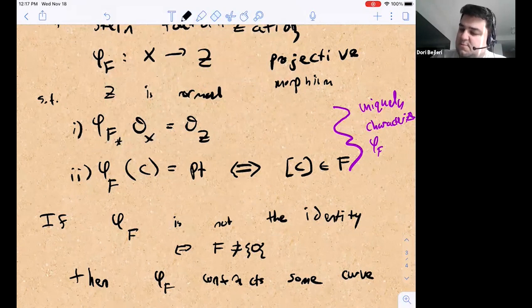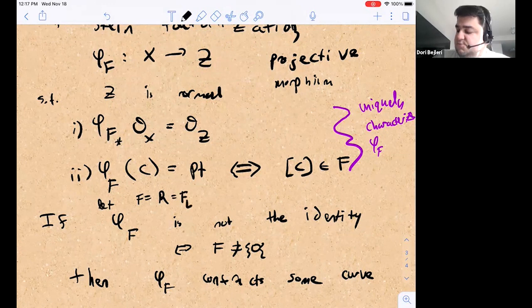So suppose F is one of these rays, which we already said were of the form F_L, rather than just an arbitrary face.